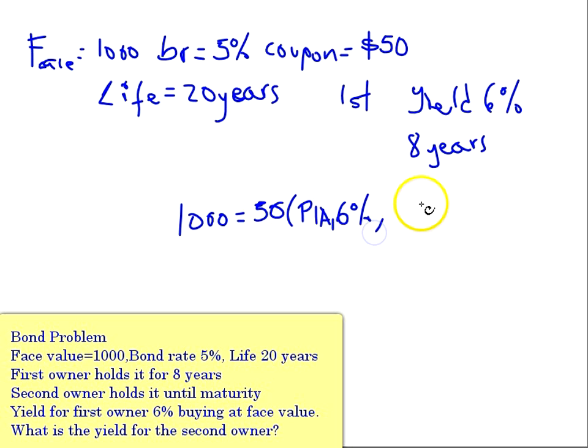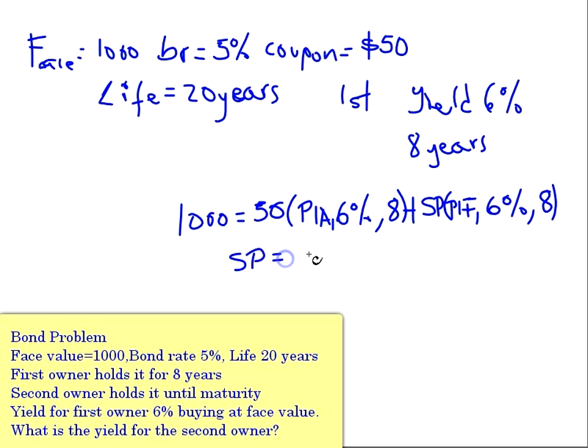The yield he got was 6%, and he received eight of these coupons, plus the selling price, which we don't know yet, times P given F for 6% and 8 periods.